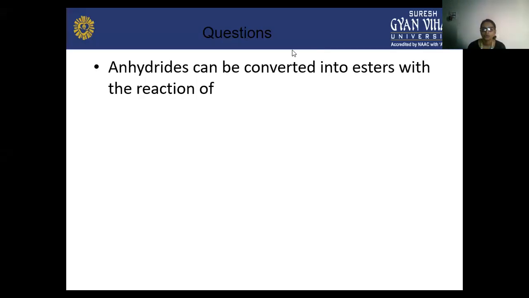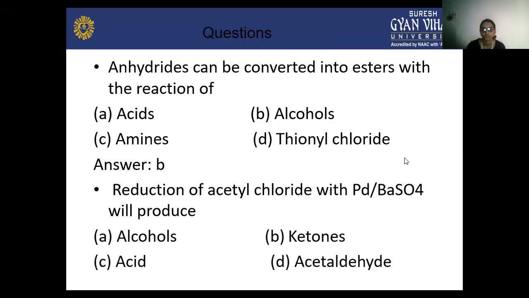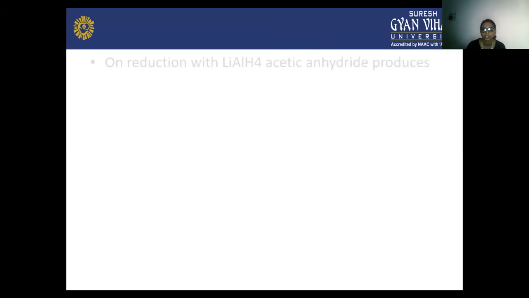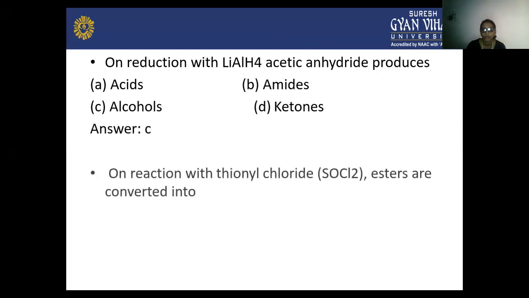So next is the question. Anhydrides can be converted into esters by reaction with alcohol. The reduction of acetyl chloride with BaSO4 gives acetaldehyde. On reduction with lithium aluminum hydride, there is a production of alcohol.